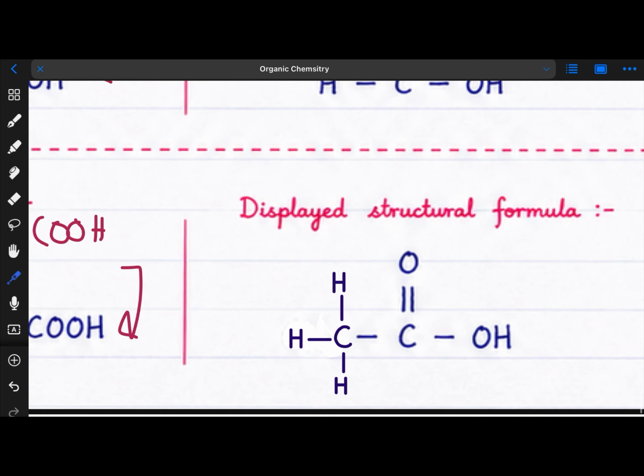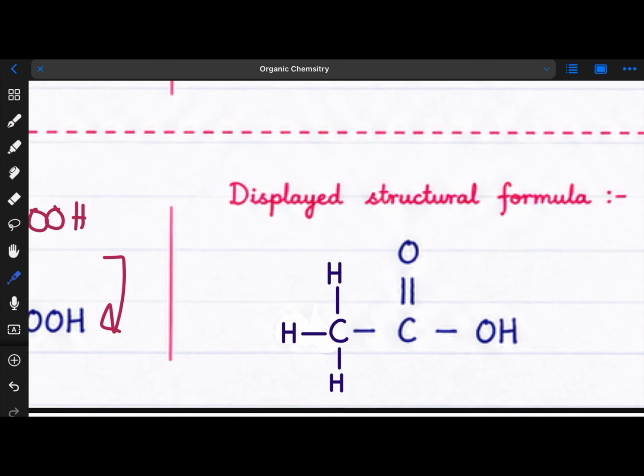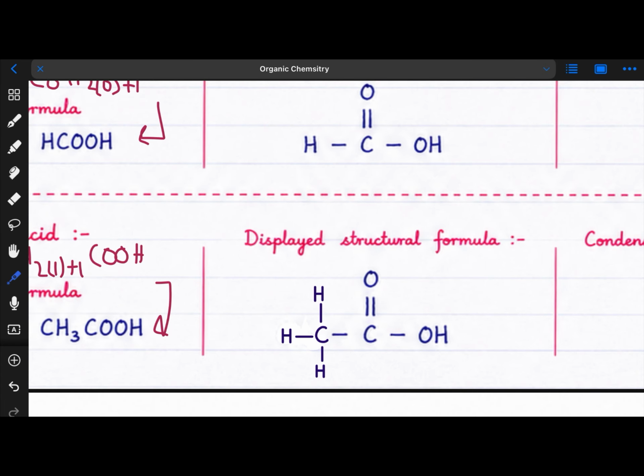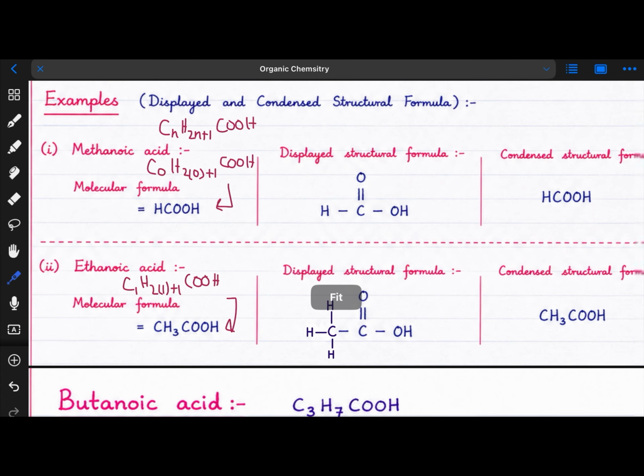Now you know that there are 2 carbon atoms in ethanoic acid, so let's write down the second carbon atom, and then complete the remaining bonds of this carbon atom. 1 bond of it is already made, so let's complete the remaining 3, and then put an H atom along with each line. And this is how we have written the displayed structural formula of ethanoic acid.